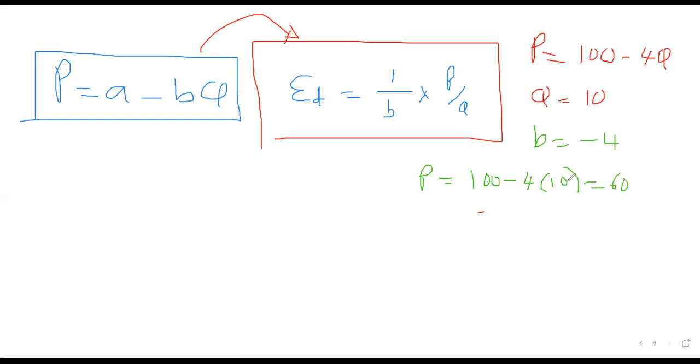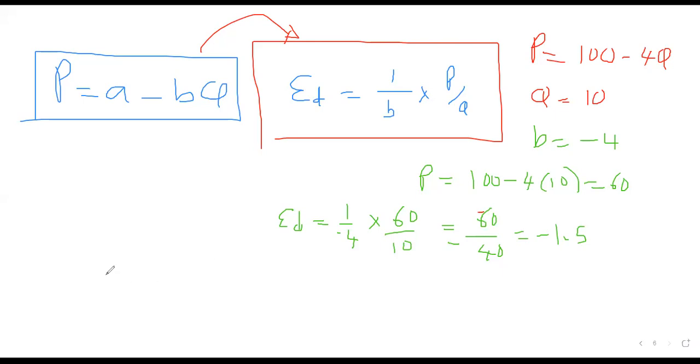So what formula do we use? This formula here. So elasticity will be 1 over negative 4 and what is our price? 60 over 10. So here you're going to have 60 over 40. It will give us negative 1.5.